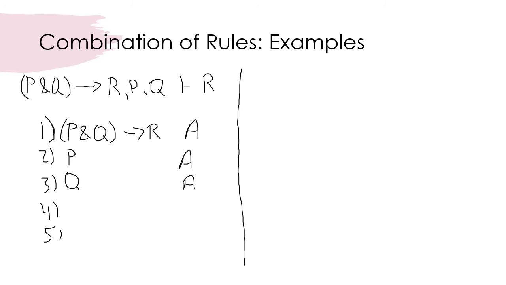Also, before we get going, we want to assign these different numbers where the assumptions are introduced. So 1 for 1, 2 for 2, 3 for 3.